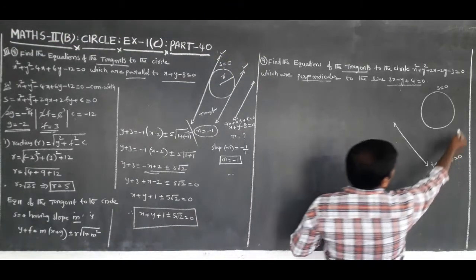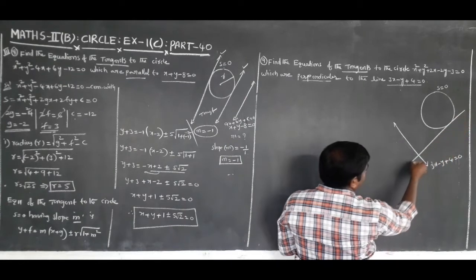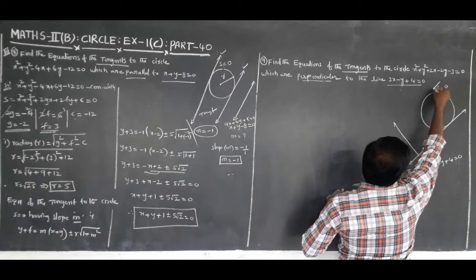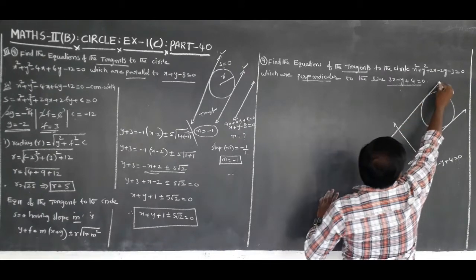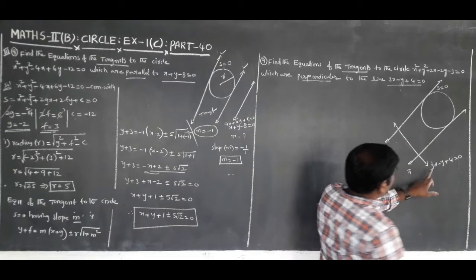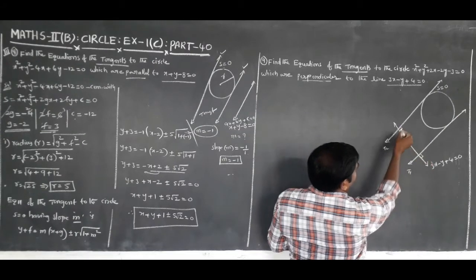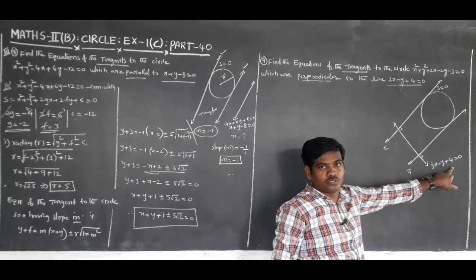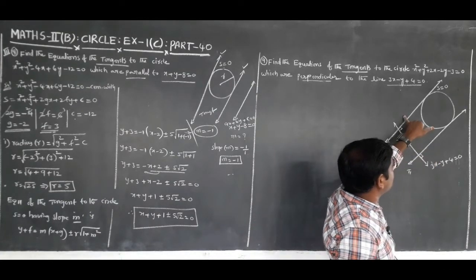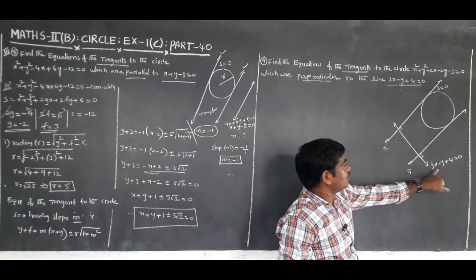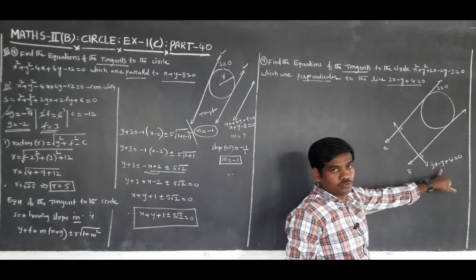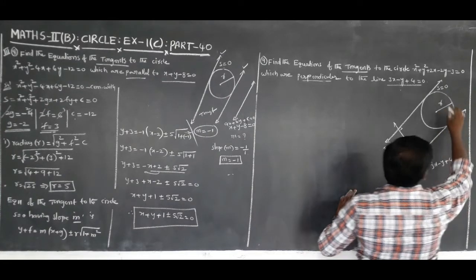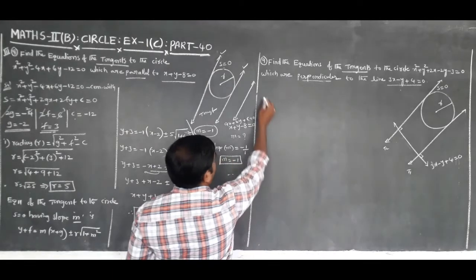Here we find the equation of the tangents to the circle S = 0 which are perpendicular to the line 3x - y + 4 = 0. Both tangents are perpendicular to this line. First of all, find the radius of the given circle.